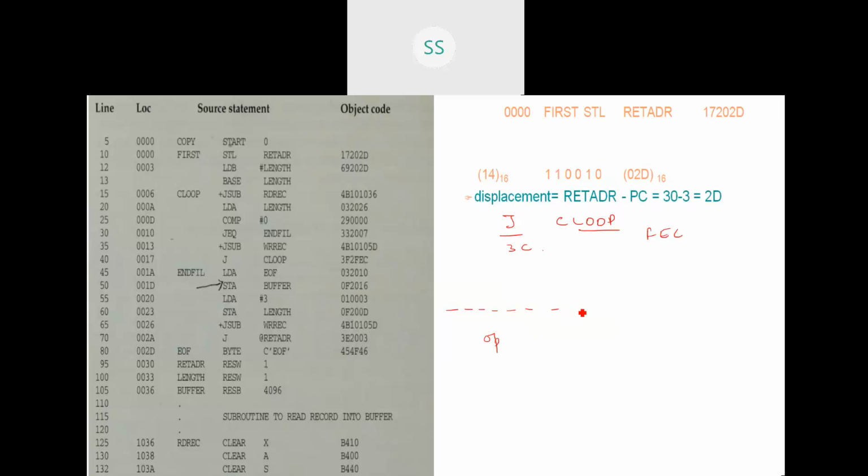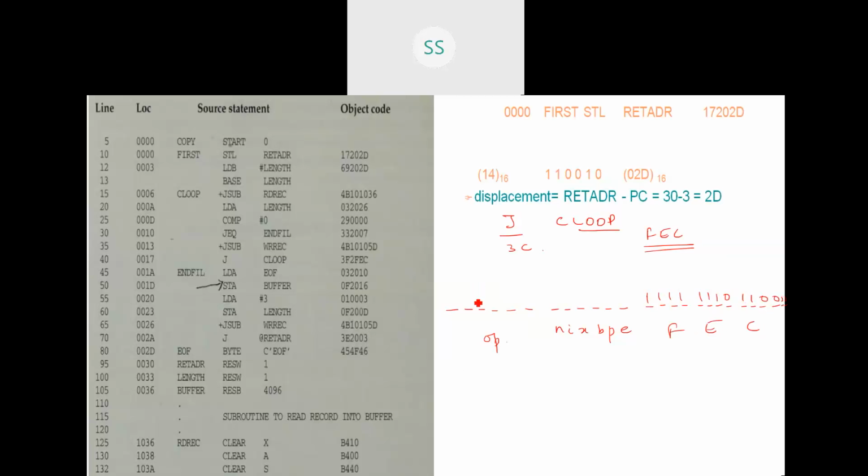Then I have n, i, x, b, p, e, and then I have my 4 bits that I already found out. It was F, E and C, isn't it? I got it as C. This was the value that I had got. I got it as F, E, C.